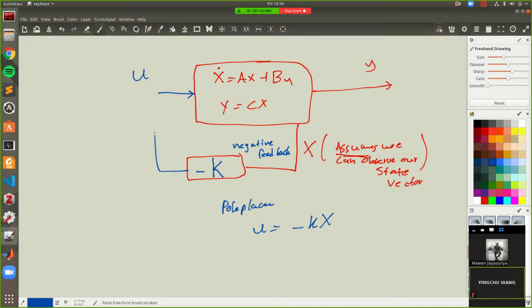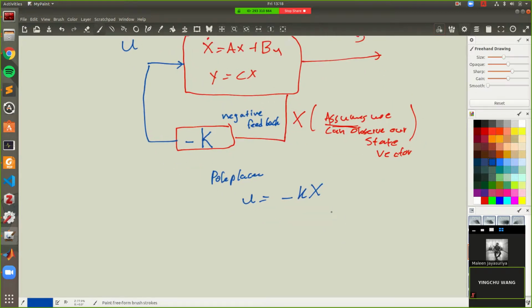That is, you're connecting this with this. So what happens to the equations then is x dot equals ax plus u becomes b into minus kx.